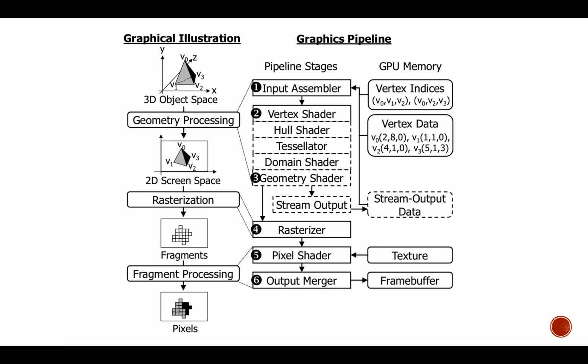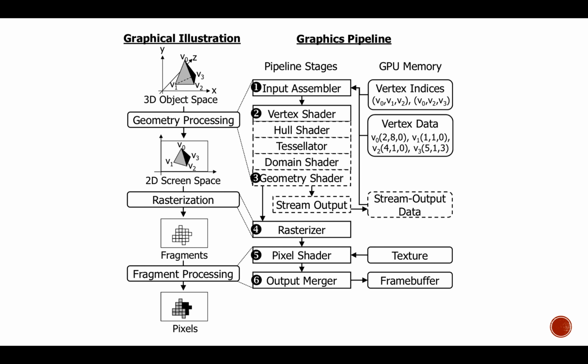Geometry processing projects vertices in a 3D object space to the 2D screen space and groups the vertices into primitives, which are the basic elements GPUs operate on, typically triangles. The step consists of input assembler, vertex shader, hull shader, tessellator, domain shader, and geometry shader.